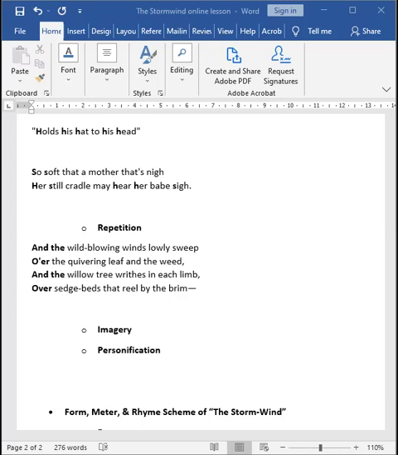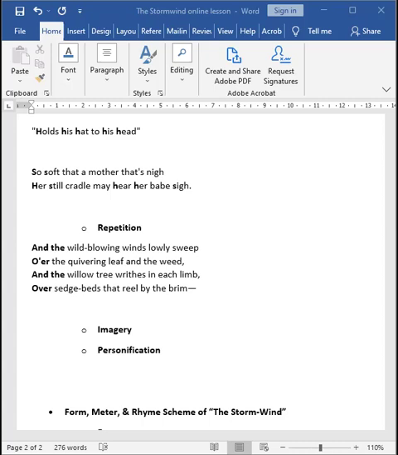And the wild blowing winds slowly sweep over the quivering leaf and the weed, and the willow tree rides in each limb over the sedge beds that reel by the brim. If you compare these two stanzas, the first two verses of both the stanzas begin with the phrase "and the," and the word "over."